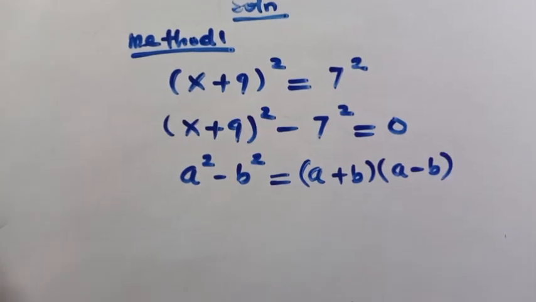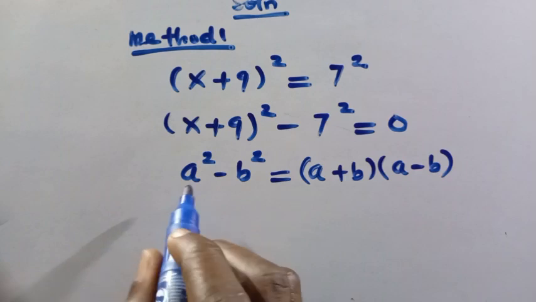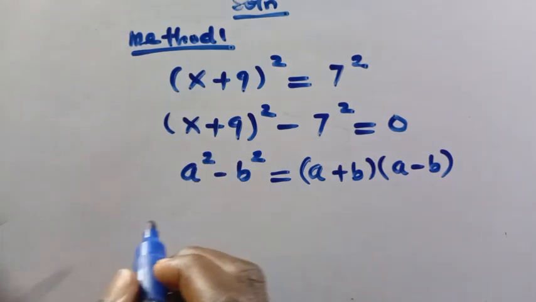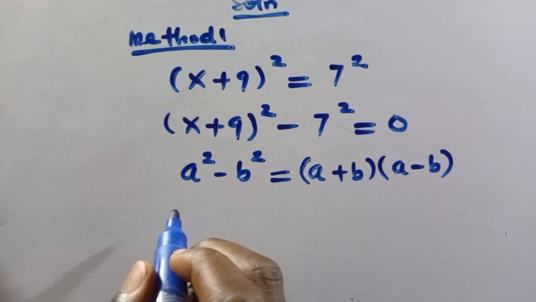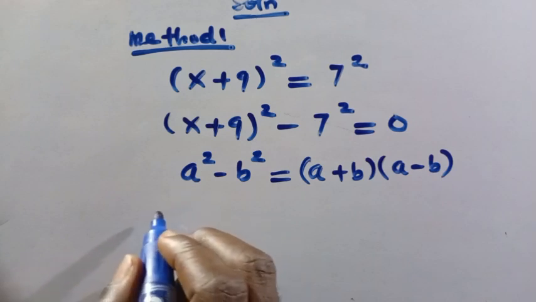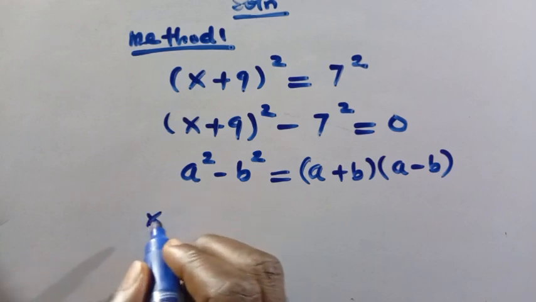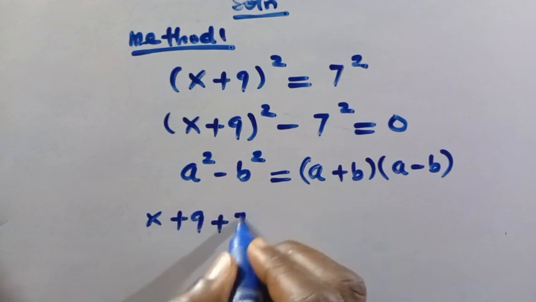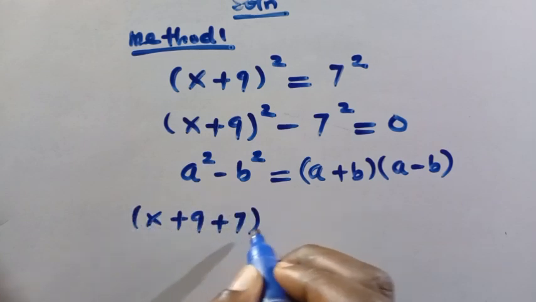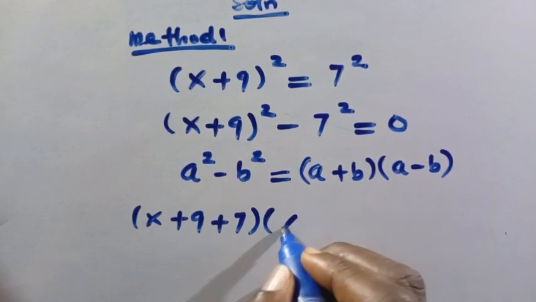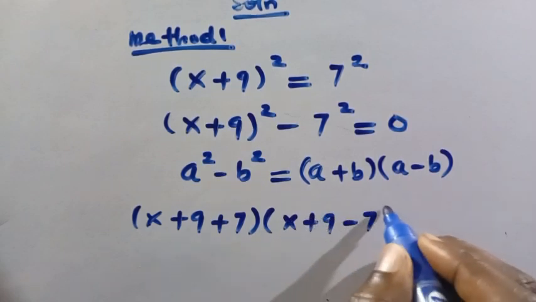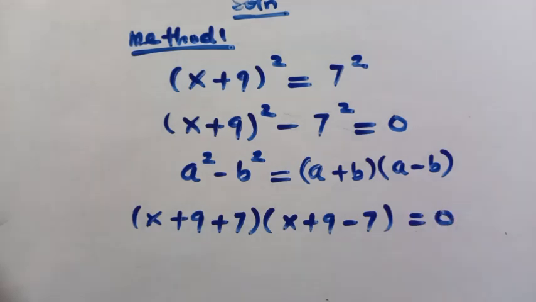Then by applying it to this, if our a is x + 9 and b is our 7, by substituting it in this, what we have here becomes (x + 9 + 7) multiplied by (x + 9 - 7) = 0.